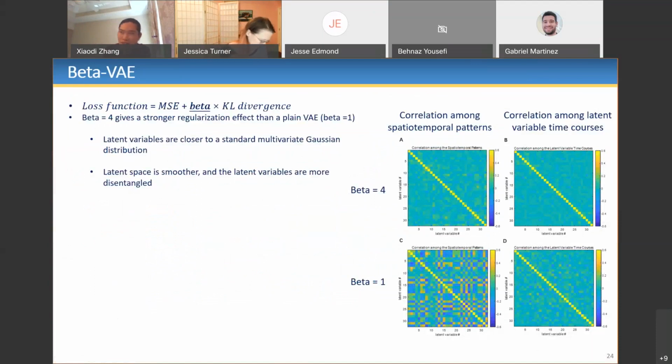I'm showing you the correlation among spatial patterns, basically the spatial similarity. In this case it's almost an identity matrix, right? We have the diagonal elements equal to 1 and everything else close to 0, meaning that the features extracted are orthogonal to each other.